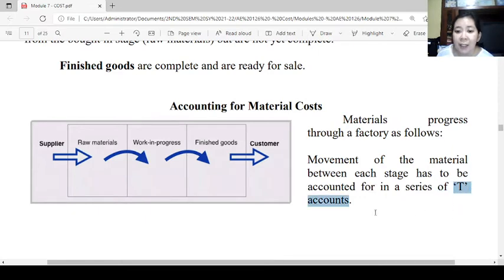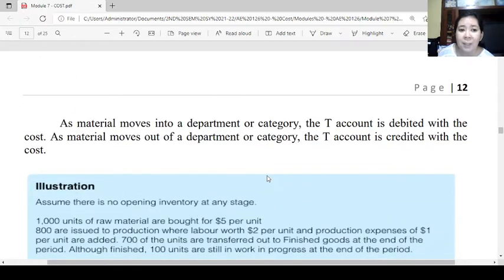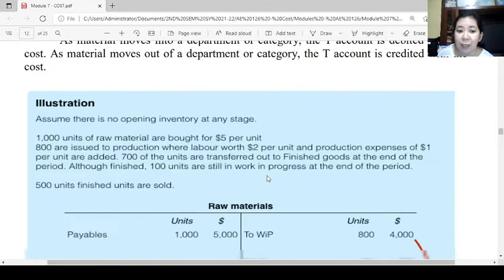So in our T accounts, we will be recording transactions from the purchase of raw materials, work in process, finished goods, and ultimately until they were sold to the customers. As materials move into a department or category, our T account will be debited with the cost. And as the materials move out of the department or category, we will credit the corresponding cost for it.